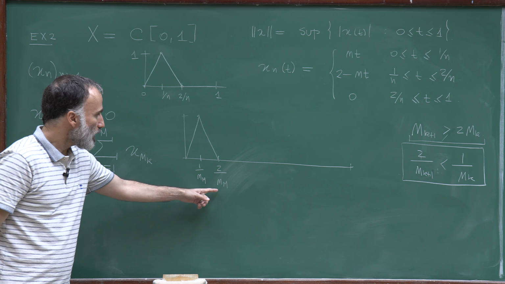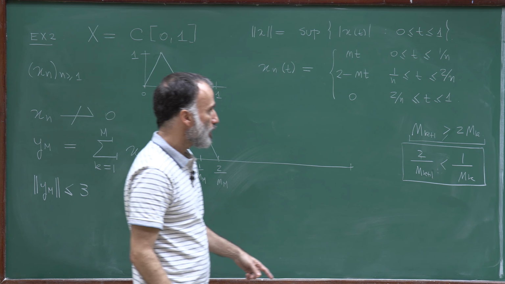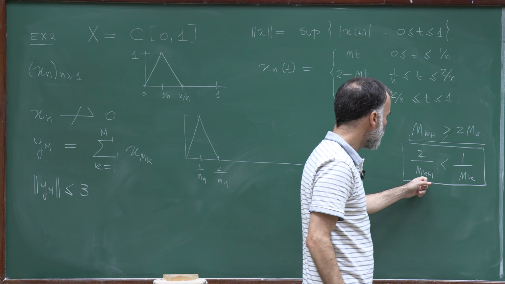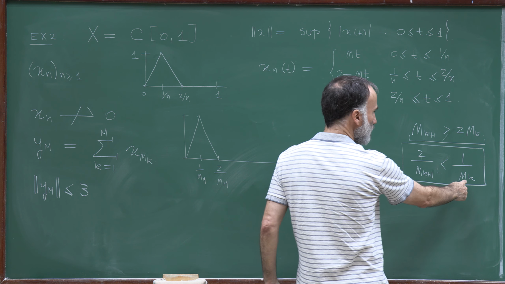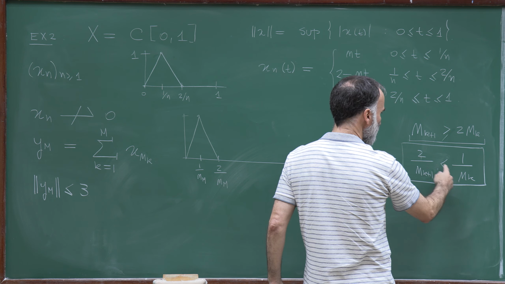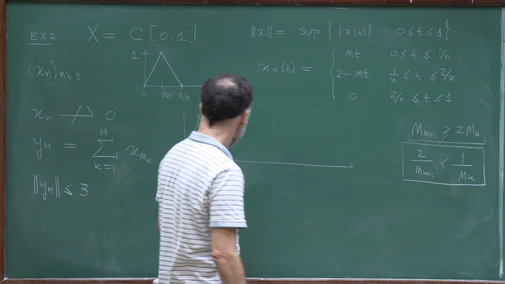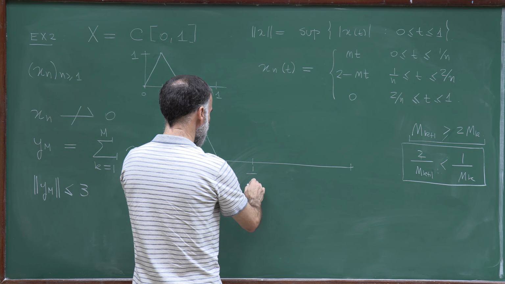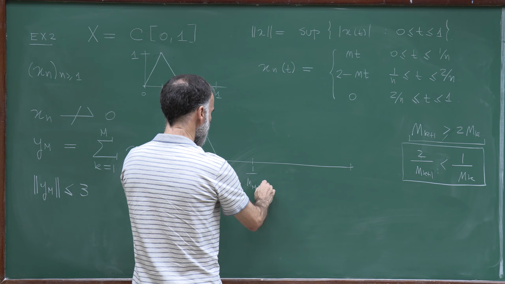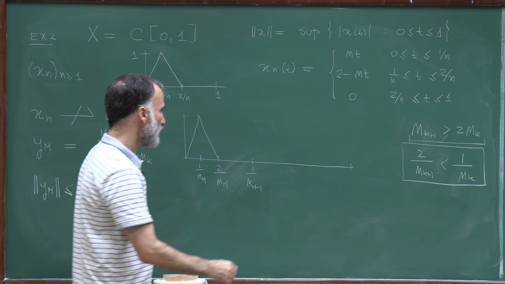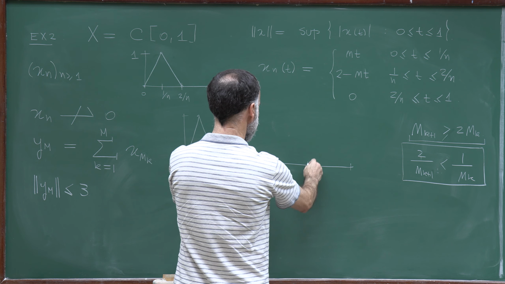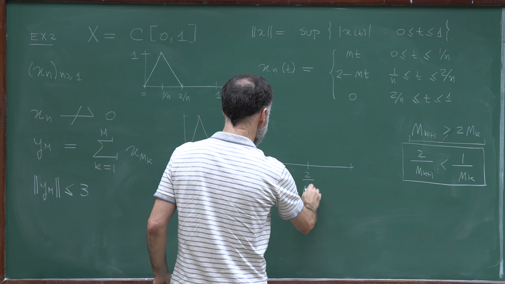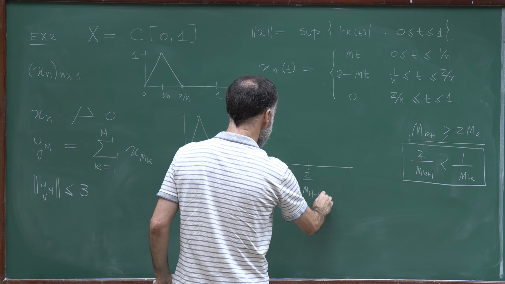Now let me consider n m minus 1. From this inequality, I get that 1 over n m minus 1 is larger than 2 times this term. So 1 over n m minus 1 is somewhere here. And let's say that here it's 2 times n m minus 1.